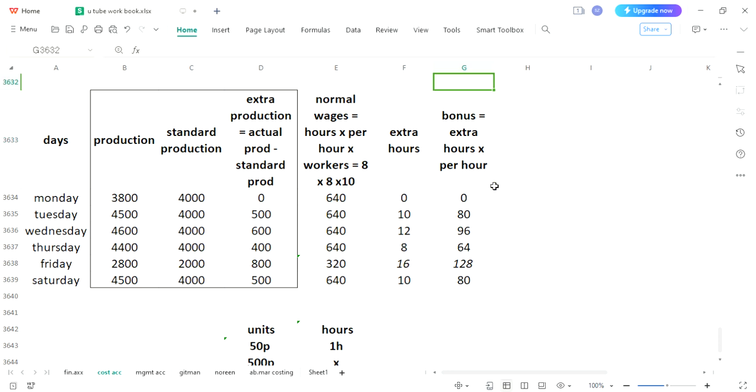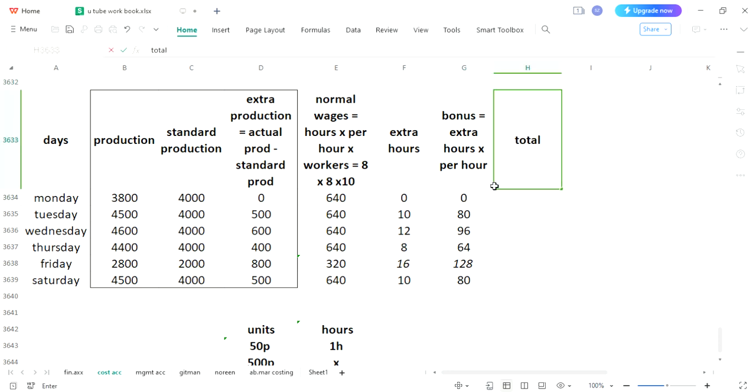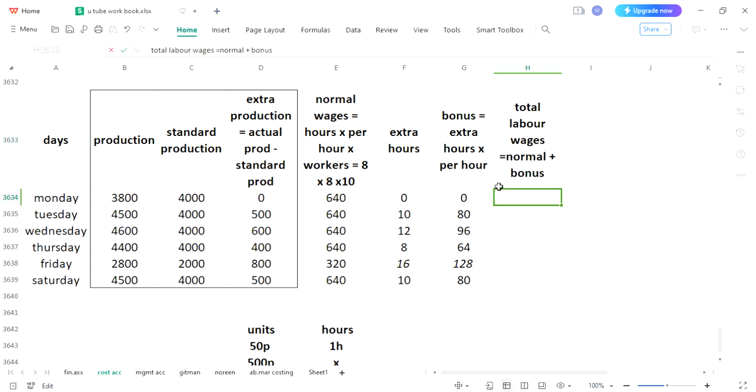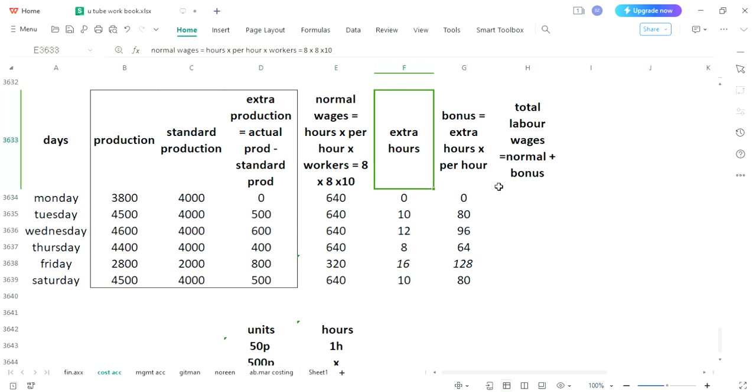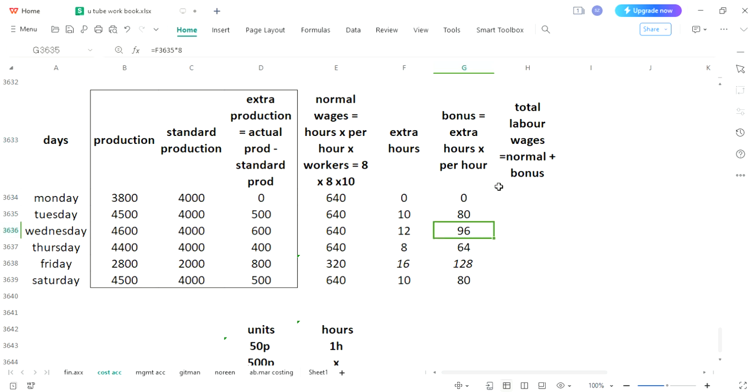Now we can calculate our total wages. Total labor wages we can calculate as normal wages plus bonus. Normal wages we have calculated over here, and extra bonuses are calculated over here.